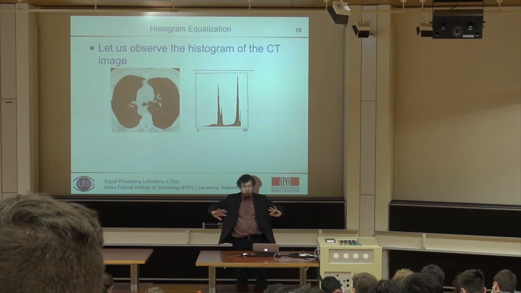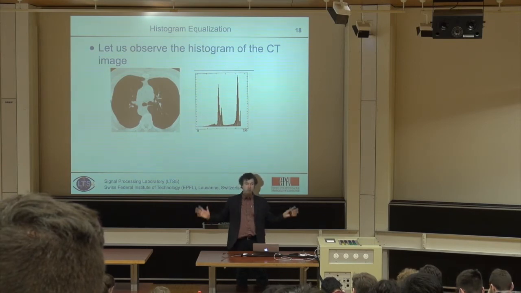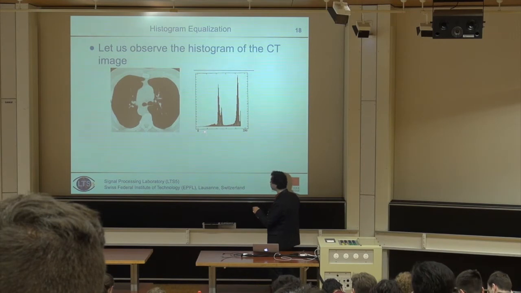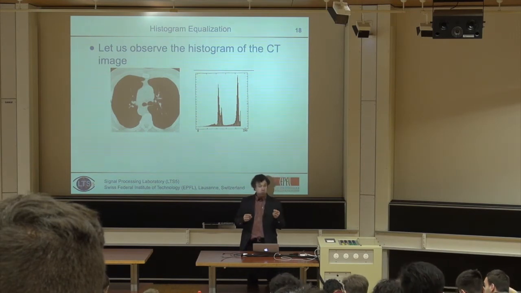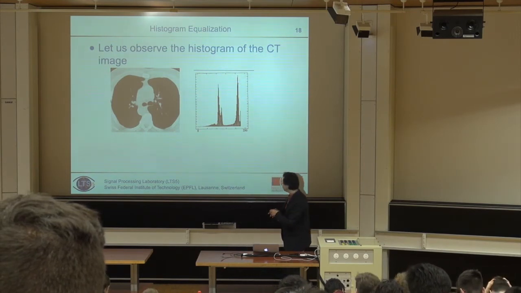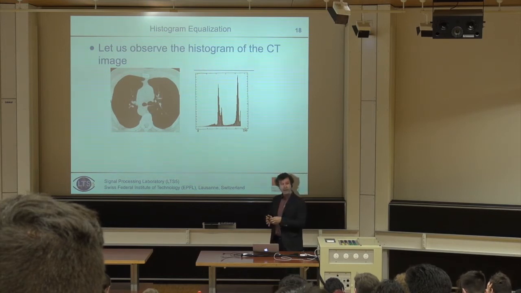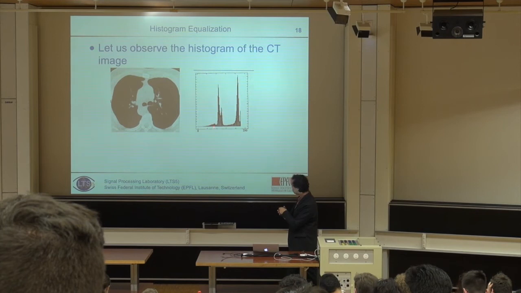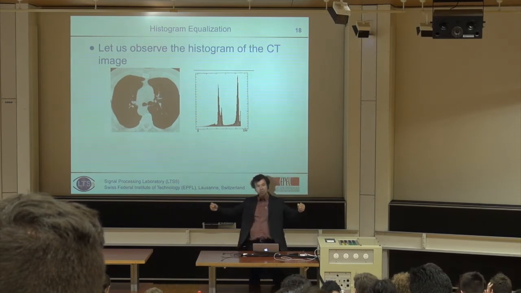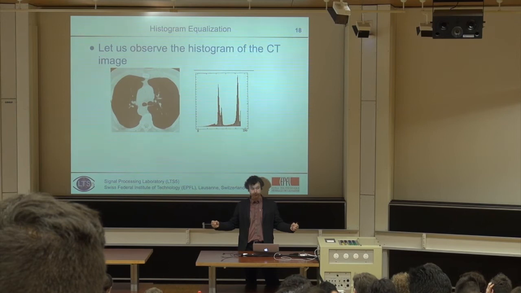You really want to distribute the content over the whole range to increase the contrast between regions. So what histogram equalization will do is try to find what new value I have to put to each pixel with a given value. We will change the value of that pixel with the objective of having a histogram that is much more equilibrated.